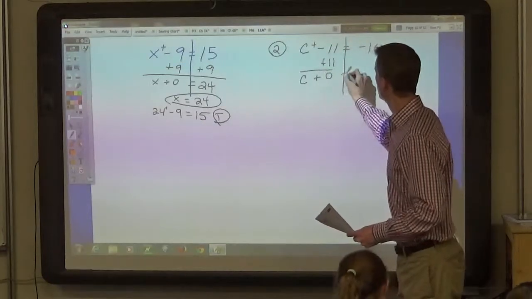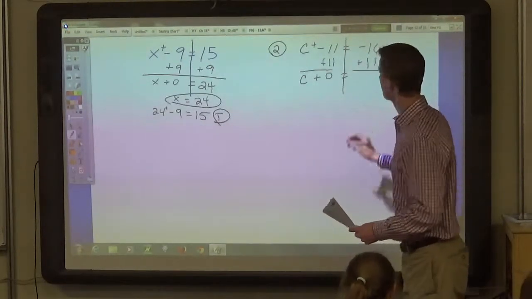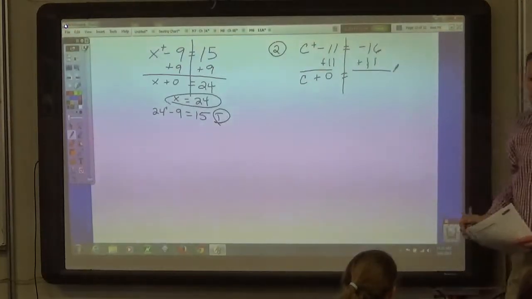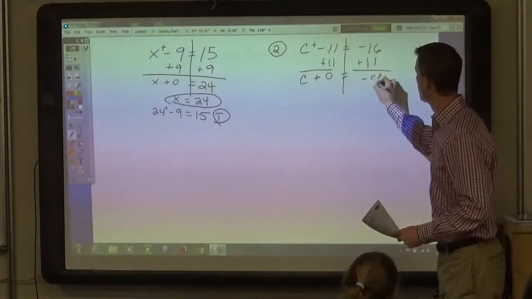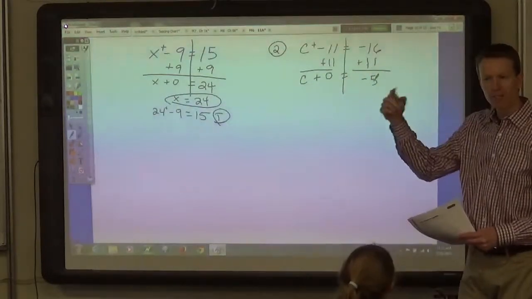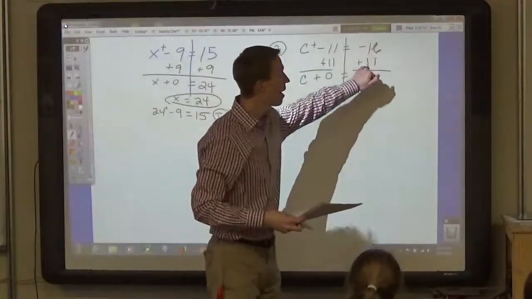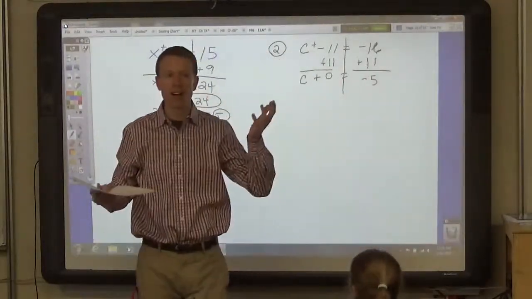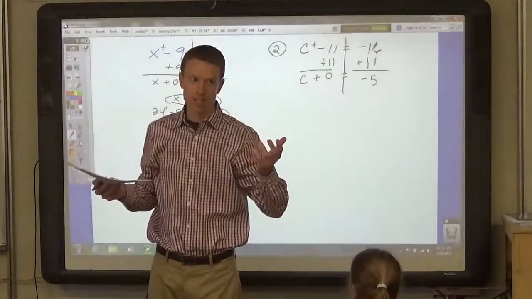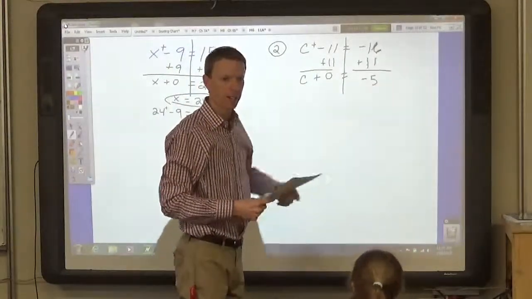That means C plus 0 is what? Not 5. It's negative 5. Negative 16 plus 11. So we're going to have to add positive and negative. And when one is negative and the other is positive, you have to find the difference. The difference is negative 5, isn't it?